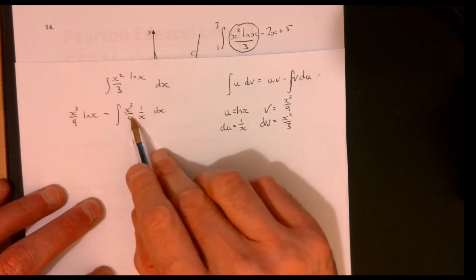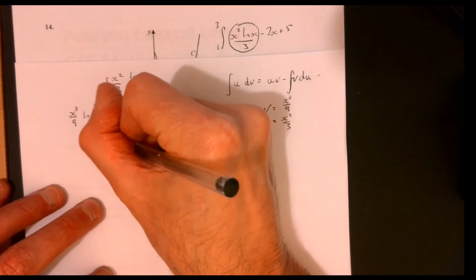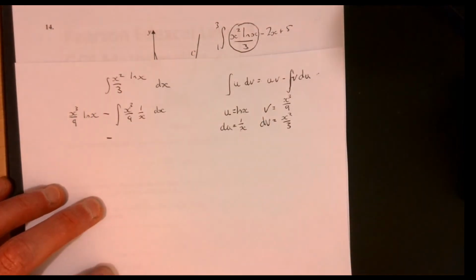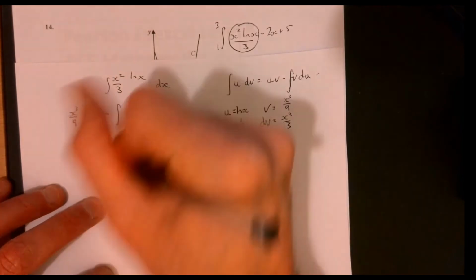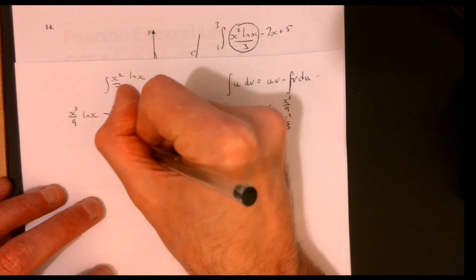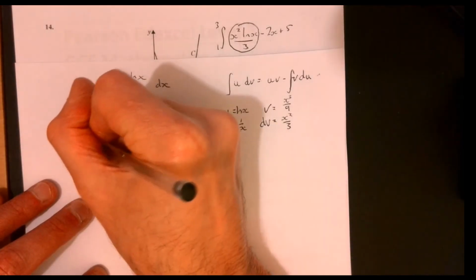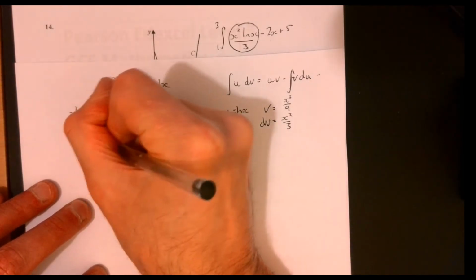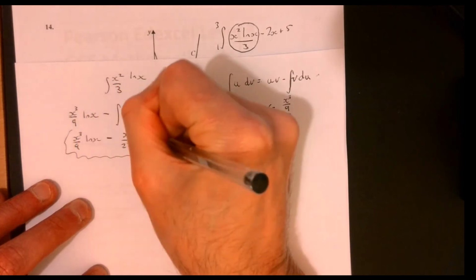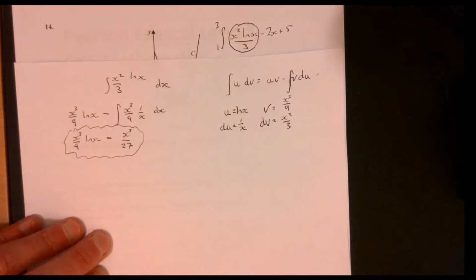So that's going to be x squared over 9. And if we integrate x squared over 9, that's going to give me x cubed over 27. So look, we've got it. Now that's probably the hardest bit of the question.